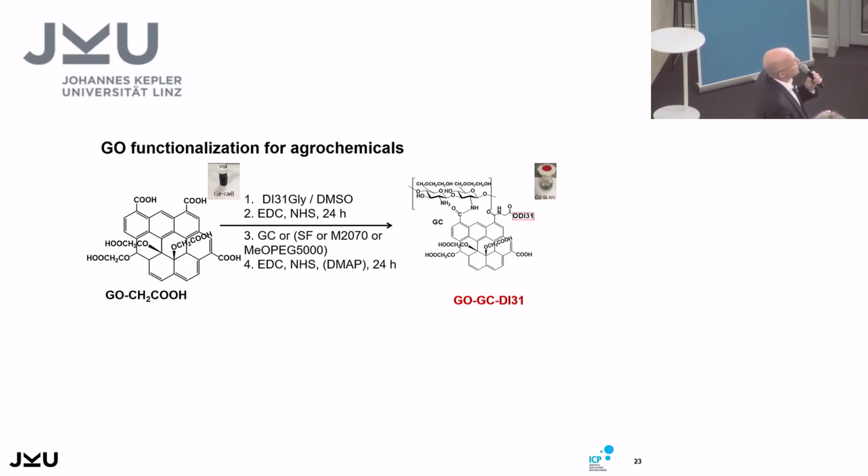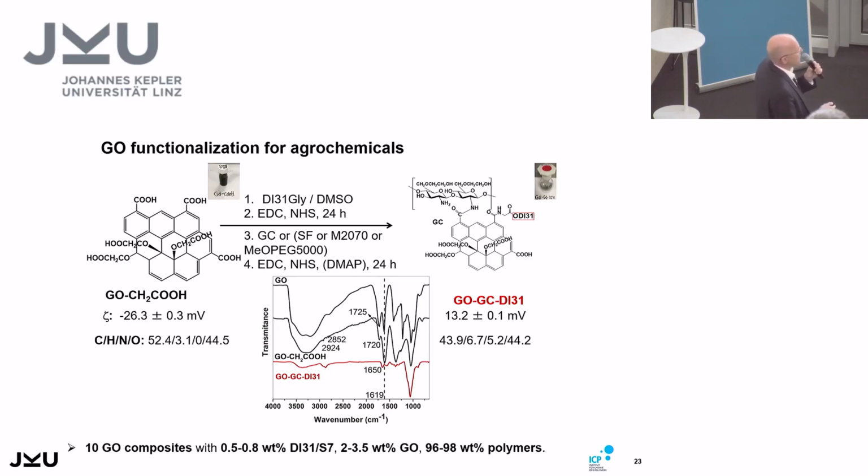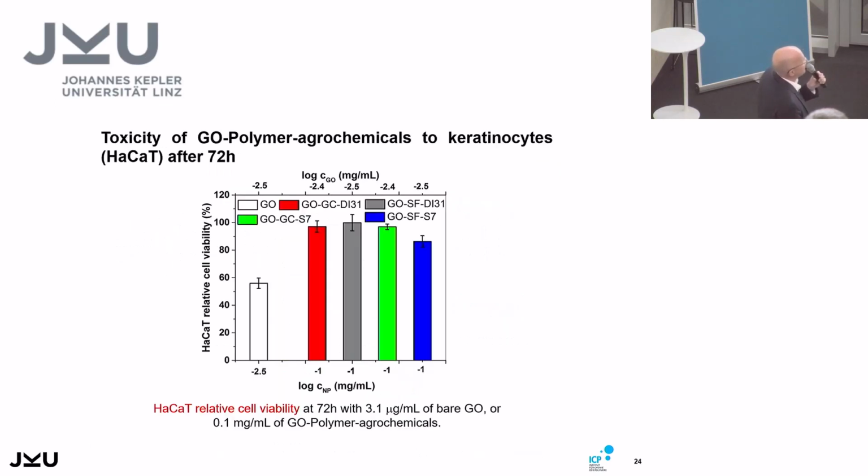And then linking that with one of these brassinosteroids as an agrochemical substance. We found out, or did similar experiments, finding out that we actually immobilized that drug on the surface, not going too much into detail. Loading was here not reaching 1%, but maybe sufficient for an agrochemical effect.